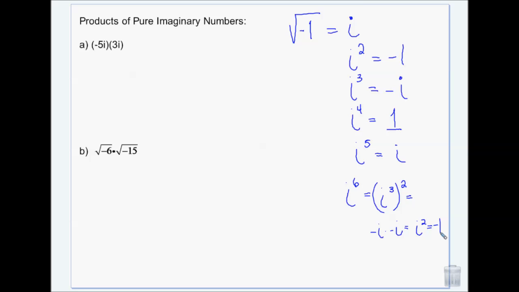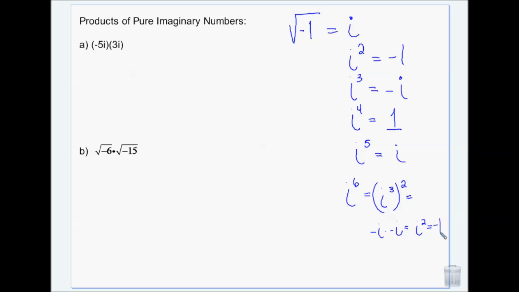Yeah, it's a repeating pattern, so it repeats. So if you don't like this method, let's say I want to know what is i to the 7th. If I know i to the 6 is the same as i squared, right? So I can go 2, 3, 4, 5, 6, 7. So i to the 7th would be negative i.